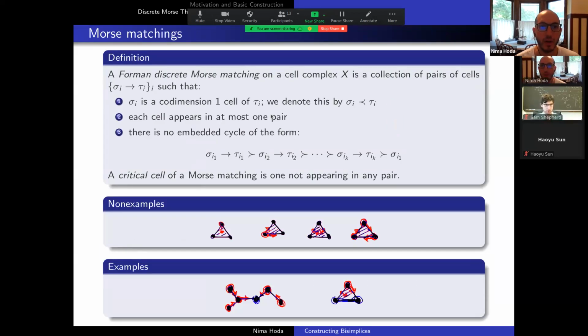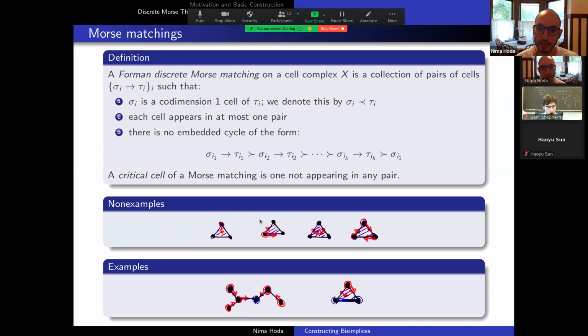Okay, so let's look at a few examples, non-examples first. So in these cases, X is a triangle with its usual cell structure. On the left here, we have a vertex that's matched with a triangle, and that's not allowed because things should be matched with something of a single dimension higher.